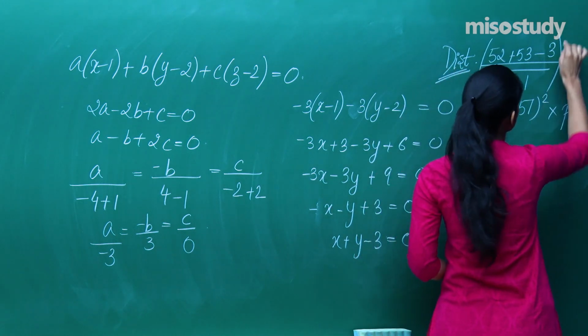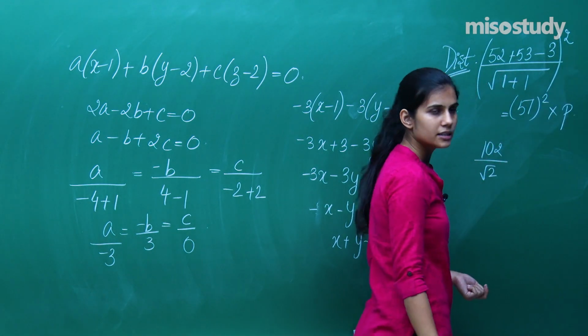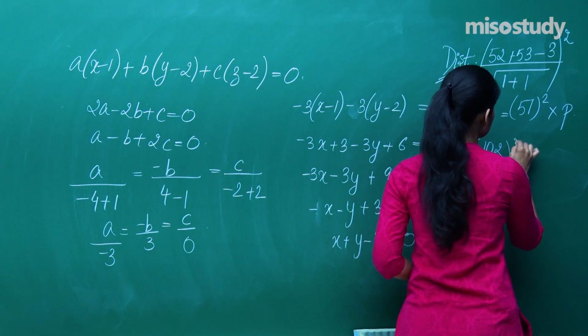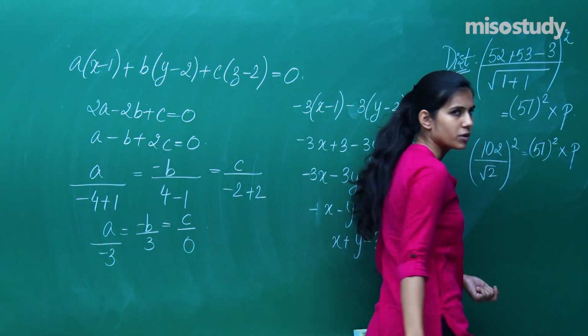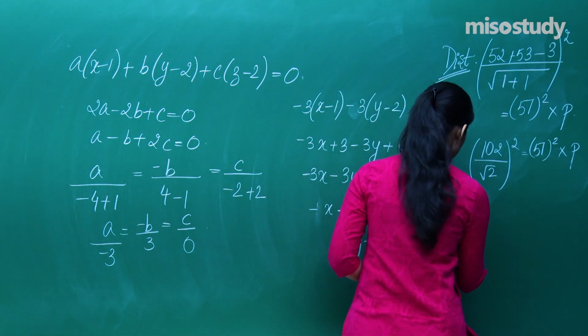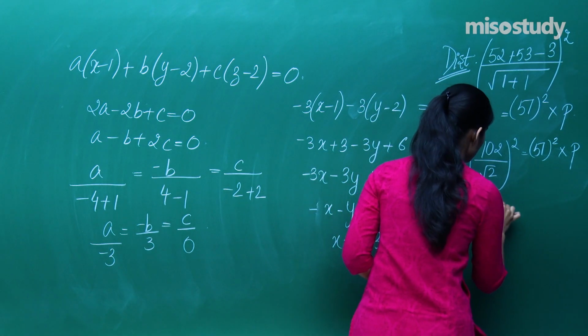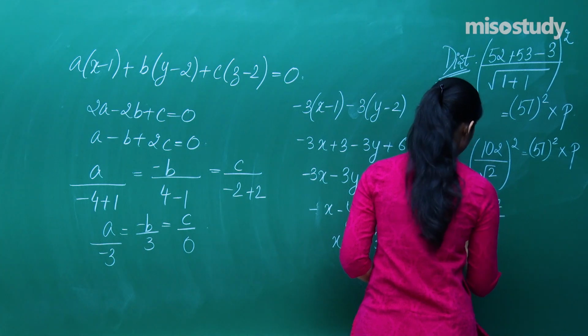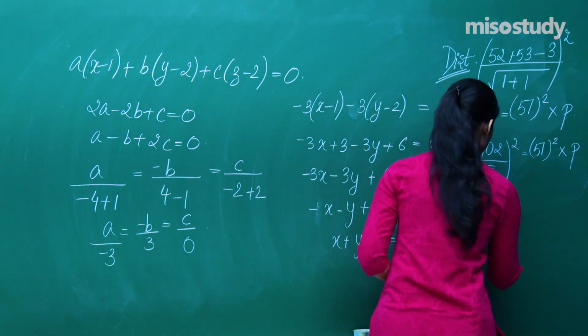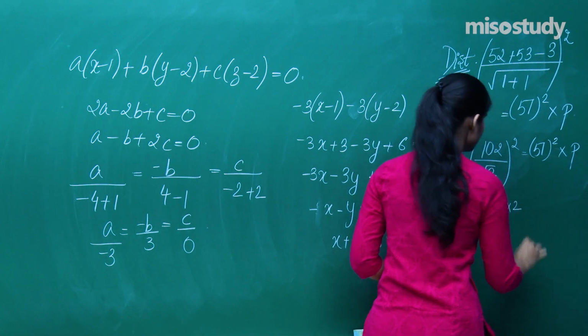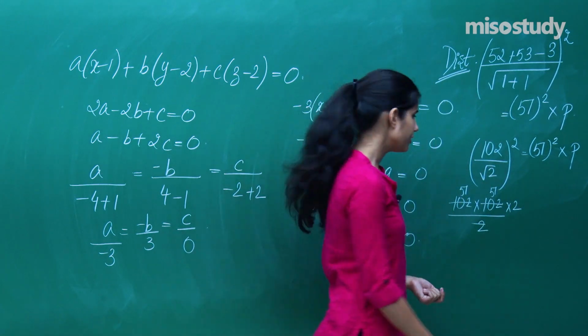Its square is basically given to you as this quantity. So what is the square of this? It is 102 into 102 upon 2. This gives you 51, and this can be written as 51 into 2, which is 102.